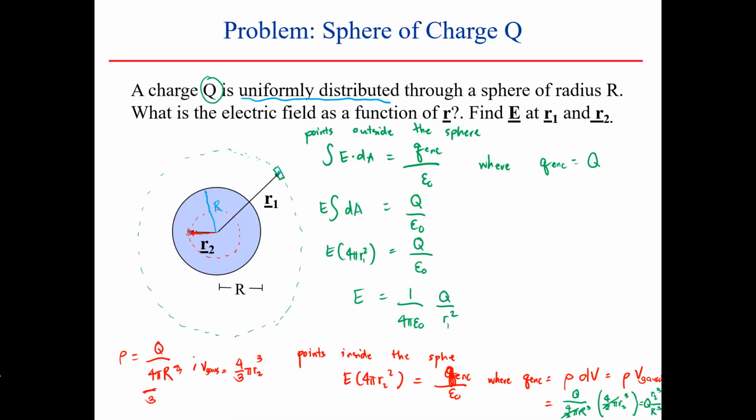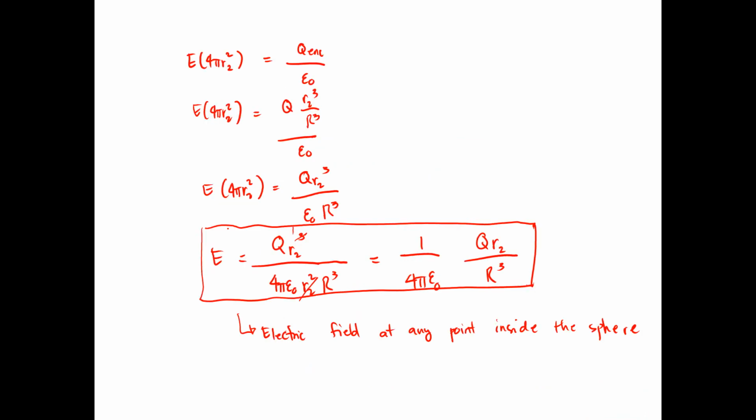Okay, again, the electric field outside is like a point charge, where the total charge is Q. For points inside the sphere, you have this one. The electric field is equal to this one. Okay, do you have any questions?